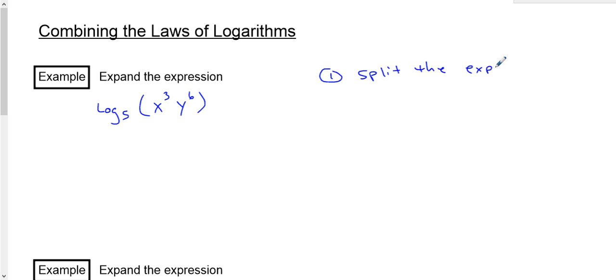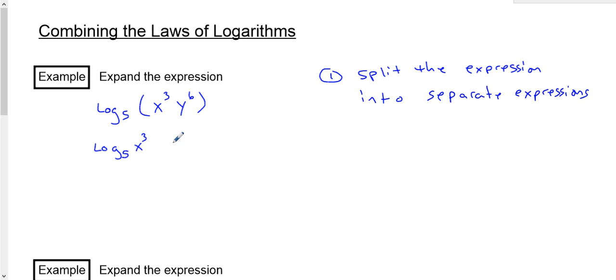So split the expression into separate expressions. Okay, so that means I'm going to have log base 5 of x to the third plus log base 5 of y to the sixth.